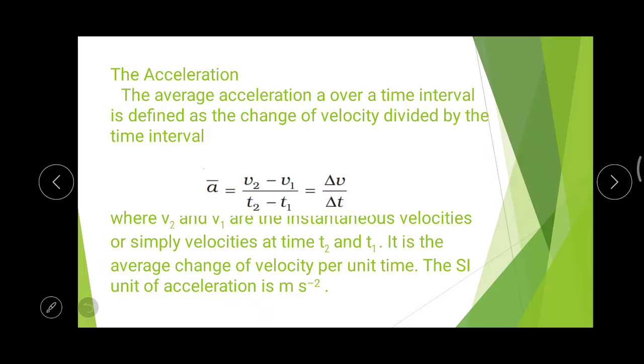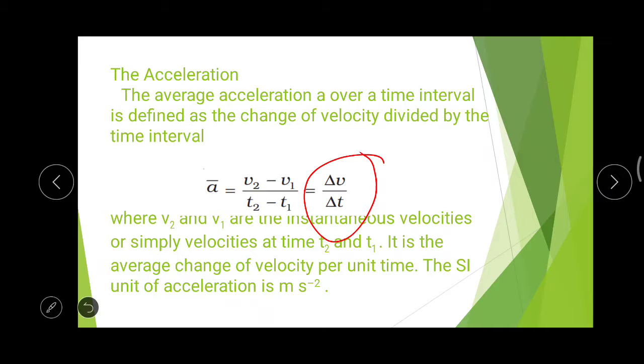If the velocity at time t1 is v1, and the velocity at time t2 is v2, then the average acceleration is equal to v2 minus v1, which is delta v divided by delta t, the change in velocity divided by the time interval required for that change. So delta v by delta t is known as the average acceleration.